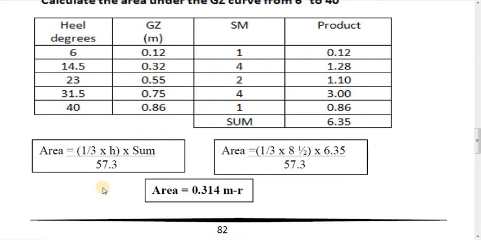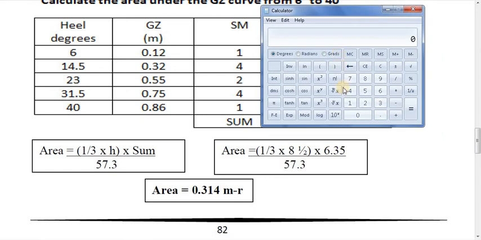Having calculated this, 1 over 3 times 8.5 times 6.35, let us check with our calculator. 1 over 3 times 8.5 times 6.35 divided by 57.3 equals 0.314, rounded off to 3 decimal places, meter radian.